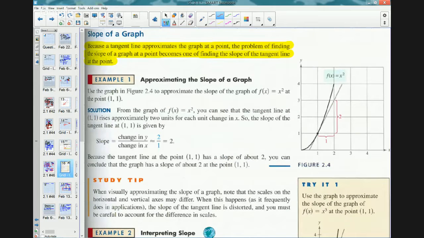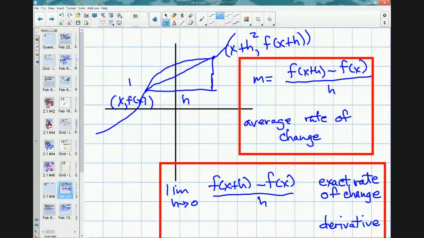Okay, so I'm just going through summaries here. Oh yes, here's something I need to point out to you. If all you do is find the slope, like I did that first day, remember that? I just did a slope formula. That is called average rate of change. You need to know this. They're going to ask you in the book sometimes to find average rate of change. All you need to do is find the slope. That's it.